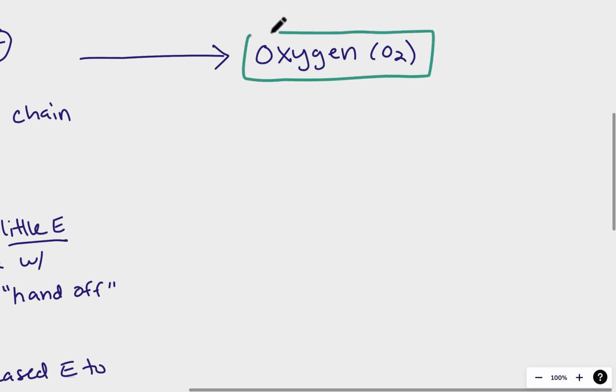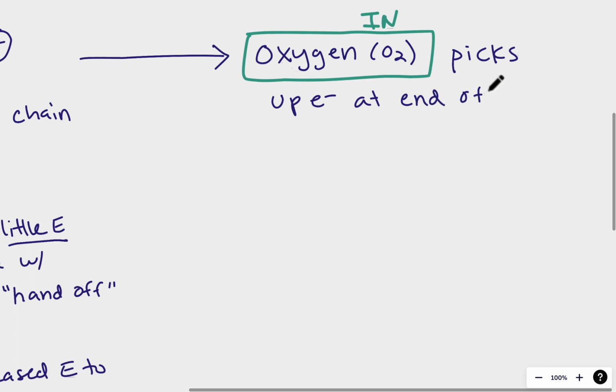This is it. And why do we need that O2? At the end of all these electrons falling down the chain, we need somebody to take the electrons away. So the oxygen picks up electrons at the end of the ETC.